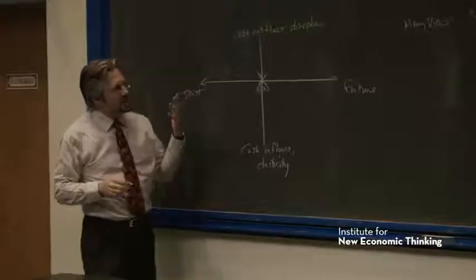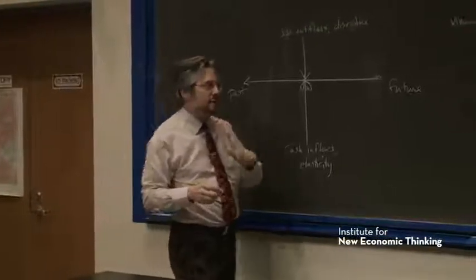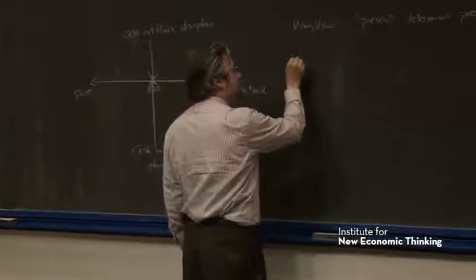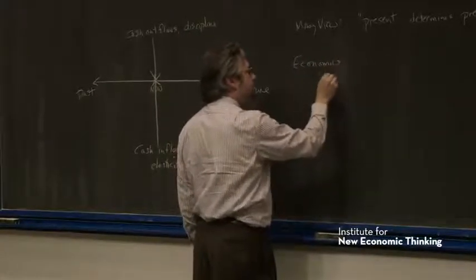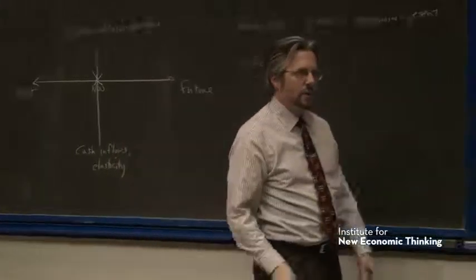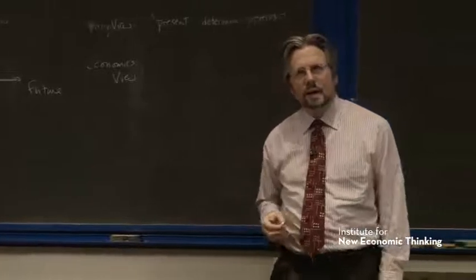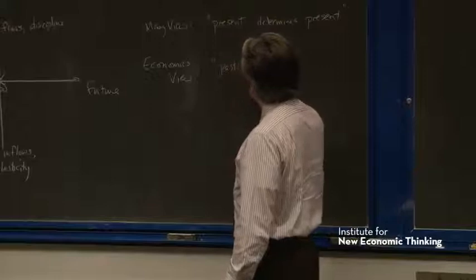So today I want to contrast that, and connect it up, with, first of all, the economics view, which we all know and love, without maybe being aware of exactly what it is. So let's bring this up to consciousness a little bit. I'm going to call this the past determines the present view.